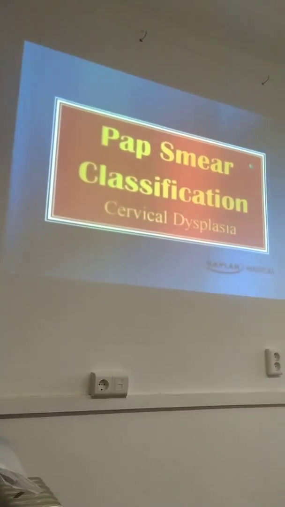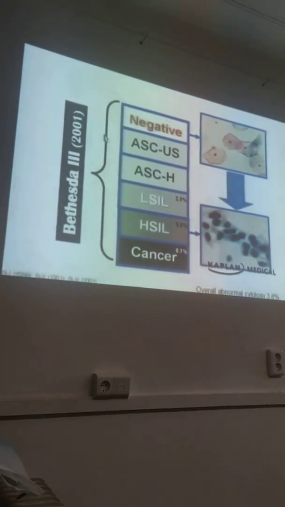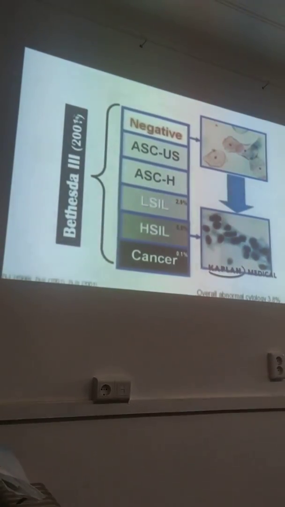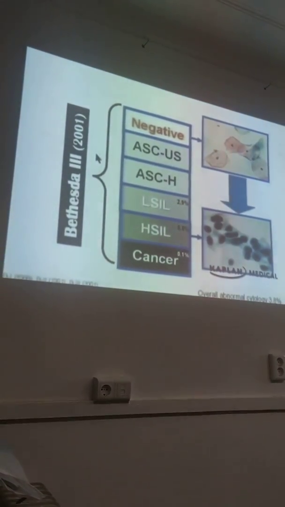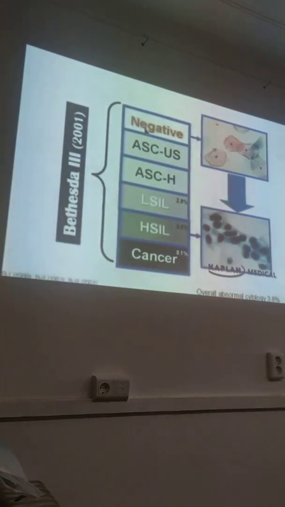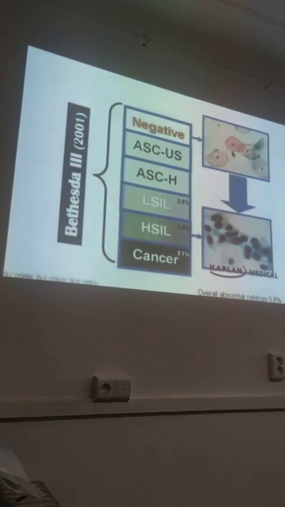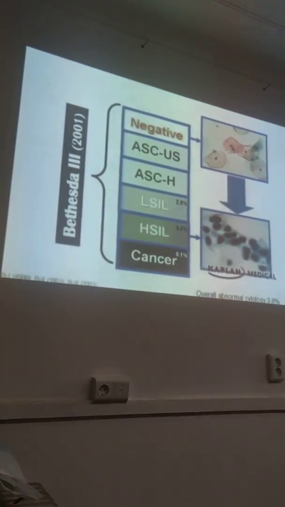Okay, Pap smear classification. This is the Bethesda 3 classification from 2001. And what we do is look at negative for intraepithelial lesion or cancer. And these are what the cells look like. Small, pycnotic, normal-looking nuclei.